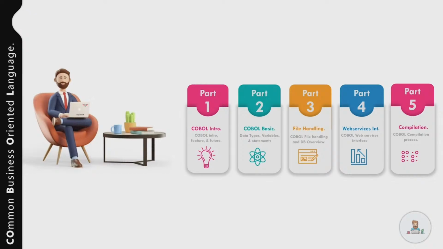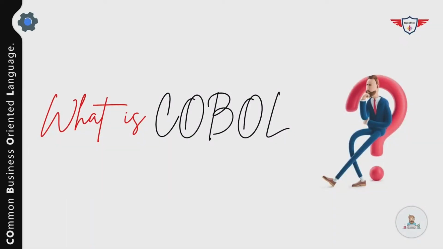Additionally, the course covers various topics such as conditional statements, loops, string manipulation, redefine statement, rename statement, usage clause, along with other important COBOL statements. Apart from that, we have also provided an overview of COBOL Web Services Interface, how to handle files in your COBOL program, and how to handle databases in your COBOL program. So let's get started with an introduction to COBOL.